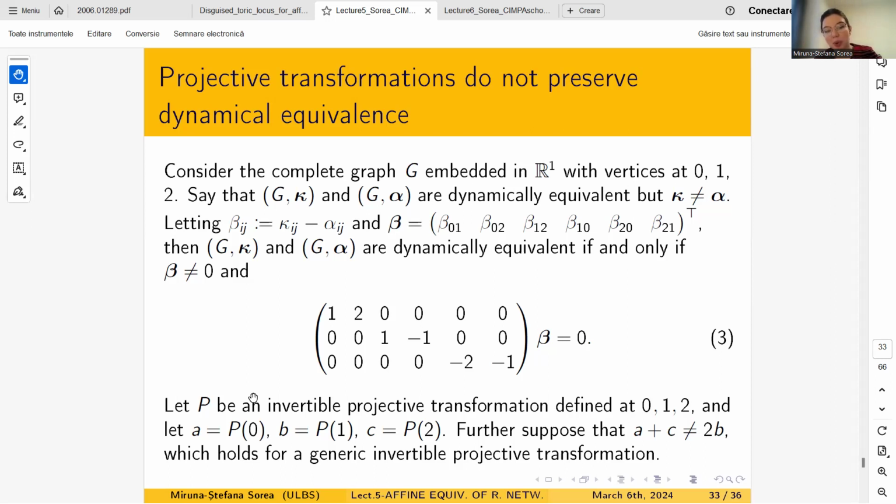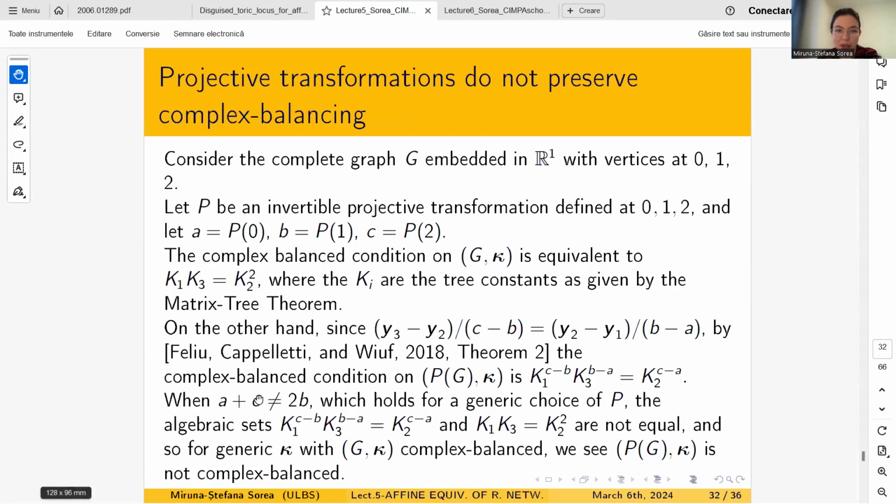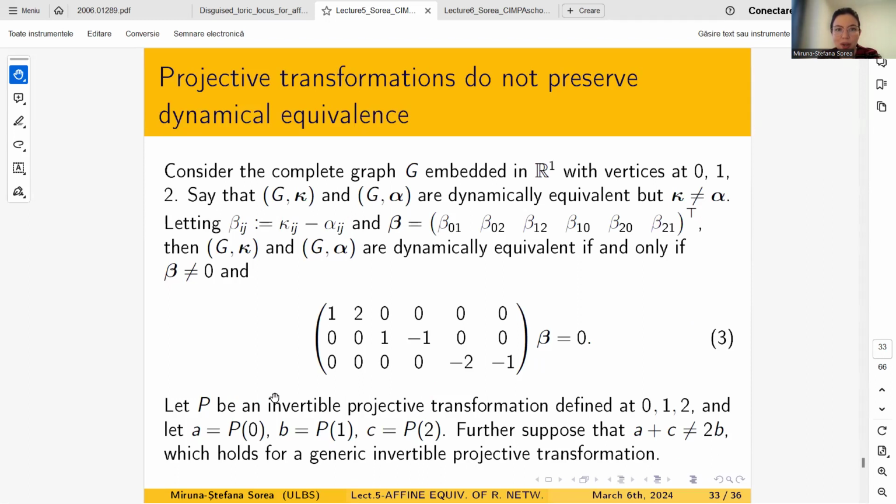Again, we suppose this condition, A plus C is different than 2B, that we encountered before, because we need this, now that we want this dynamical equivalence. So just pick A, B, and C in this way.